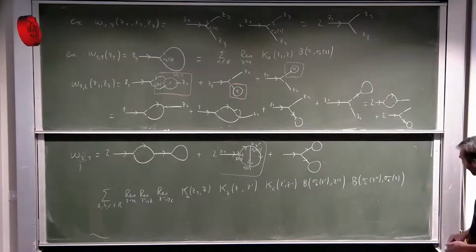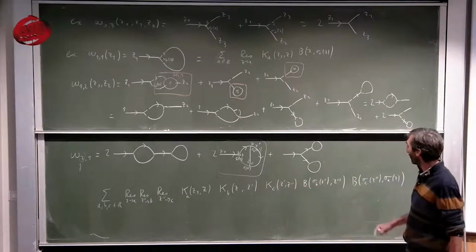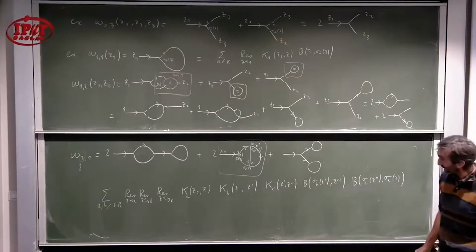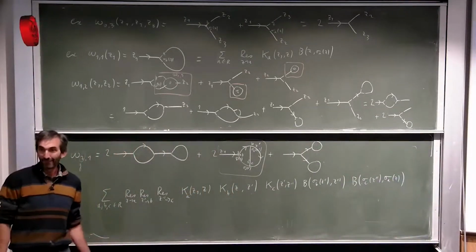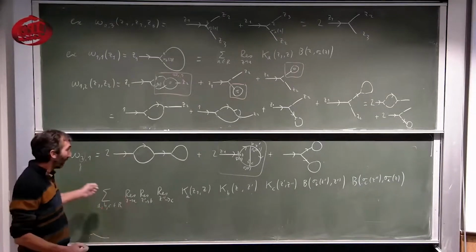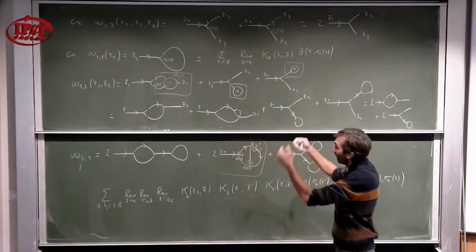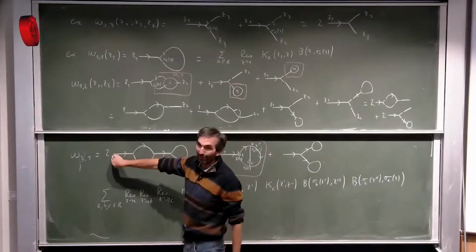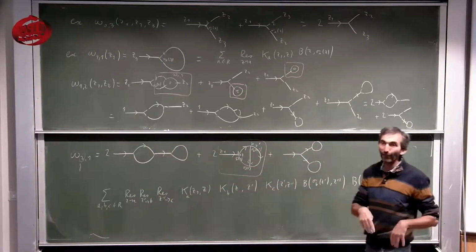Well, there is an important thing to remark. B and K have poles when the 2 points are equal. Which means that the order in which you compute the residues does matter. So you need to compute the residues in a very specific order. But remember how I introduced those graphs? It was by recursively replacing from the left here. I was recursively replacing things by graphs I had already computed at the steps before.